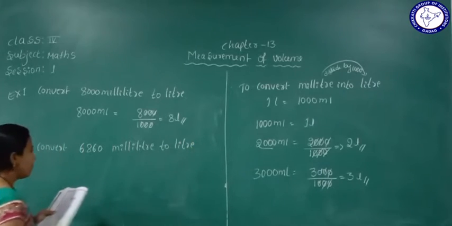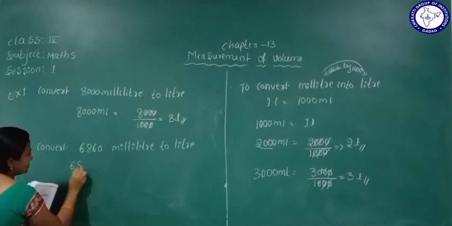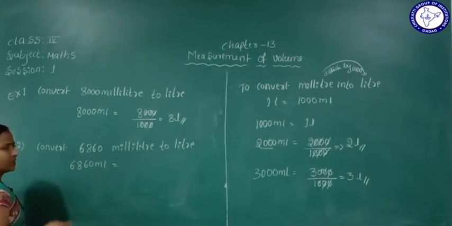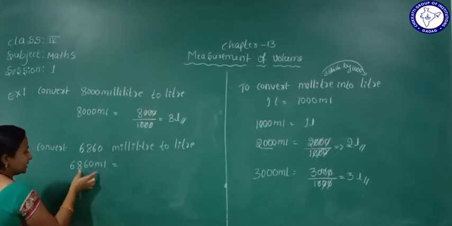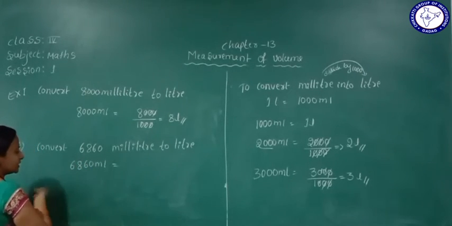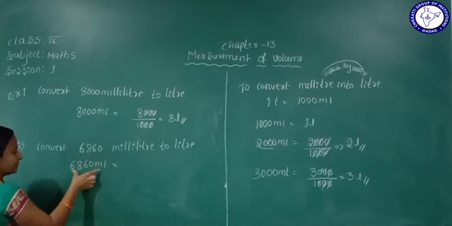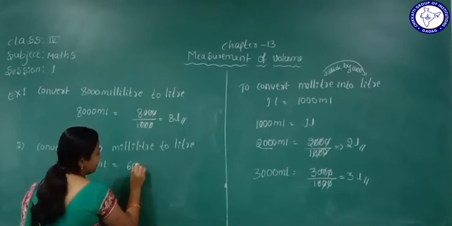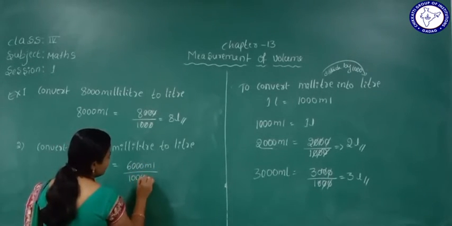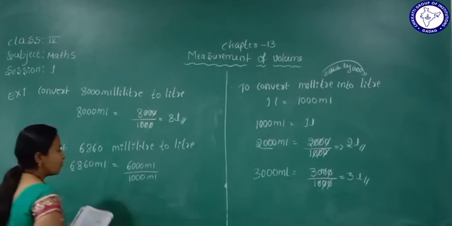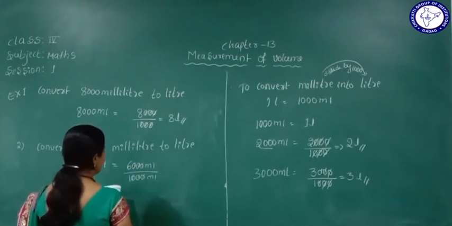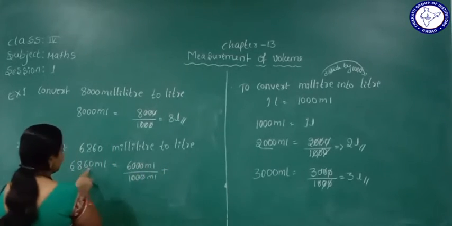Yes, so we'll write here first 6860 ml is equal to, first keep in mind we keep only 860 ml aside. We only take 6000 ml. So here 6000 ml divided by 1000 ml. Okay, so what will we do? We cancel these zeros.